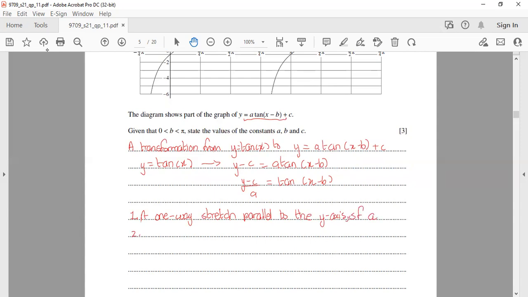A second transformation is this one. It represents a translation of c units in the direction of the y-axis.